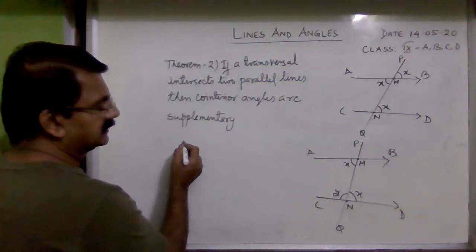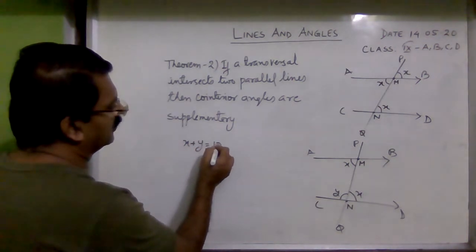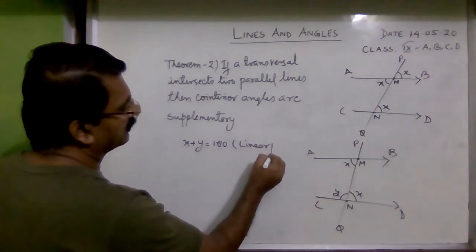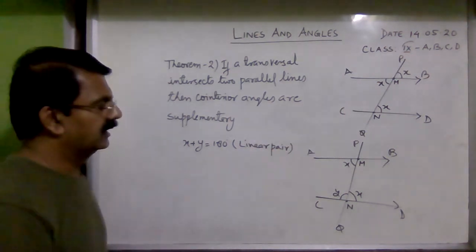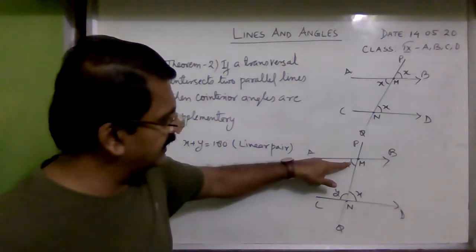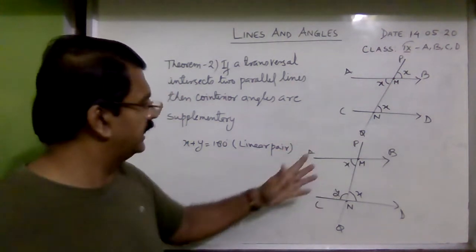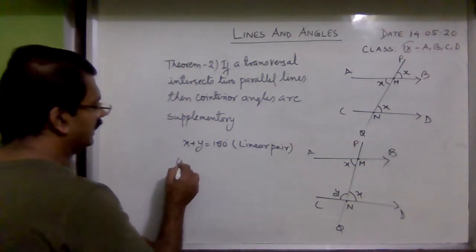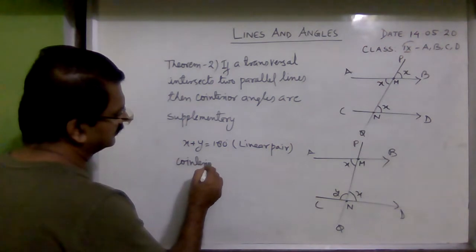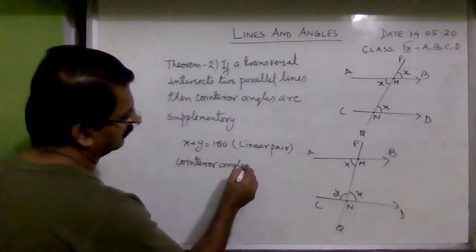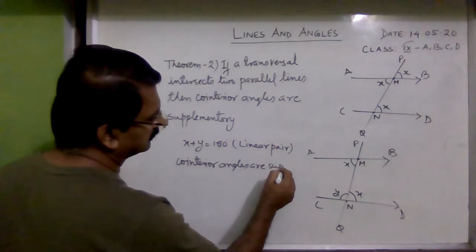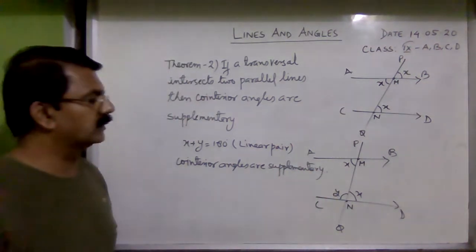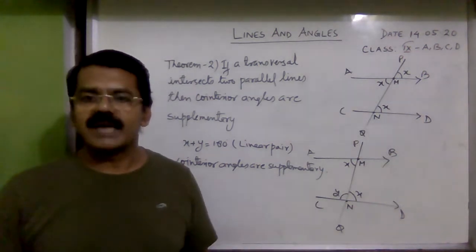So x plus y is equal to 180 degrees. The end result is that this angle x and this angle y, their sum is 180, meaning co-interior angles are supplementary. So we have proved that the co-interior angles are supplementary.